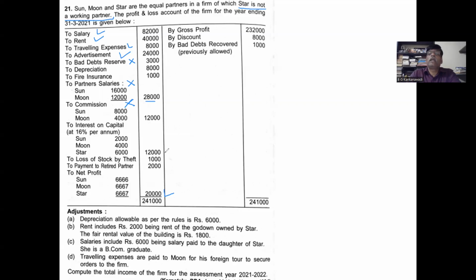The remaining 4% is disallowed. So you calculate disallowed interest: 12,000 into excess rate 4% divided by total rate 16%. 12,000 into 4 by 16, I think it is 3,000.